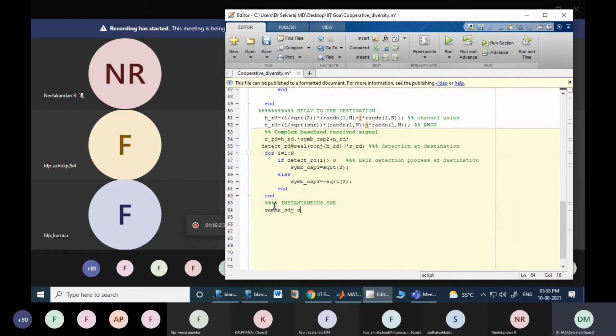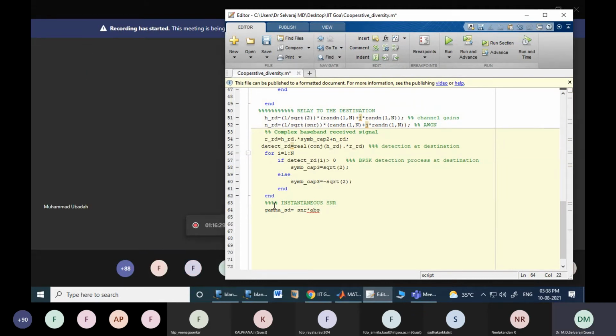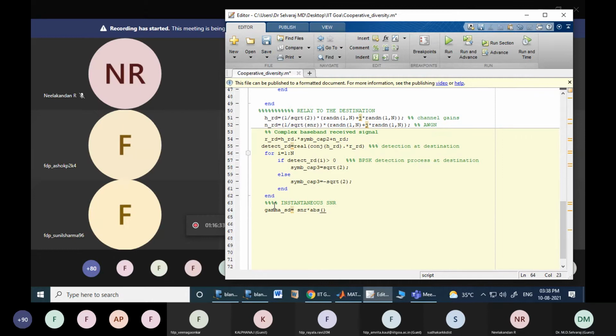So I'll write SNR into the absolute of H underscore ST squared, HSR and RRT, HRT. Now we created all this.